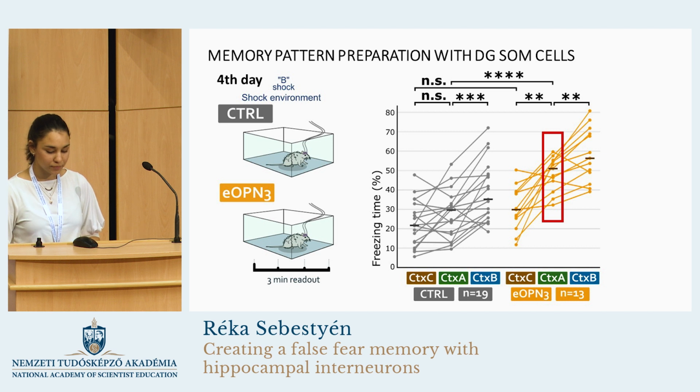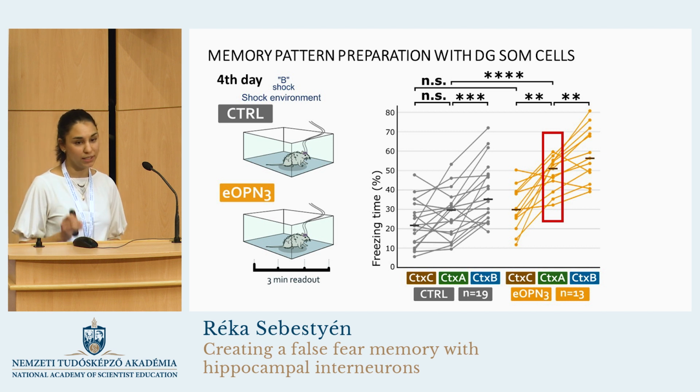As a control, we placed these mice back into context B, which was the context in which they received the aversive foot shocks. And as you can see here, both mice groups were able to remember the original fearful environment, indicating that their original contextual fear memory was not destroyed for any of the groups.